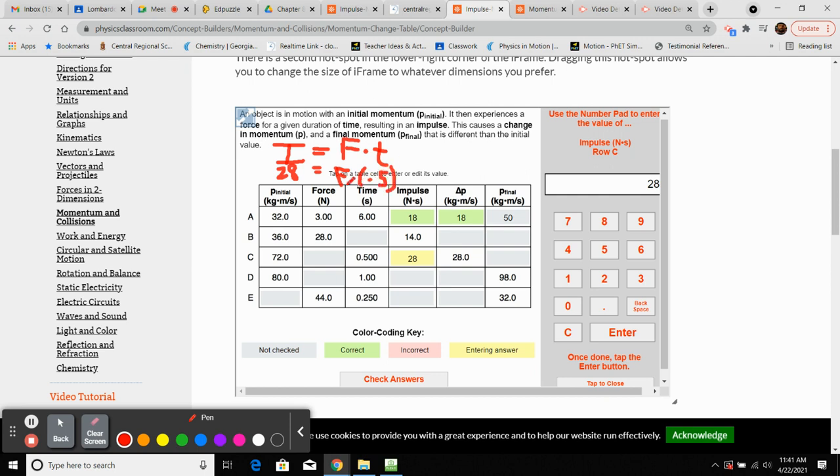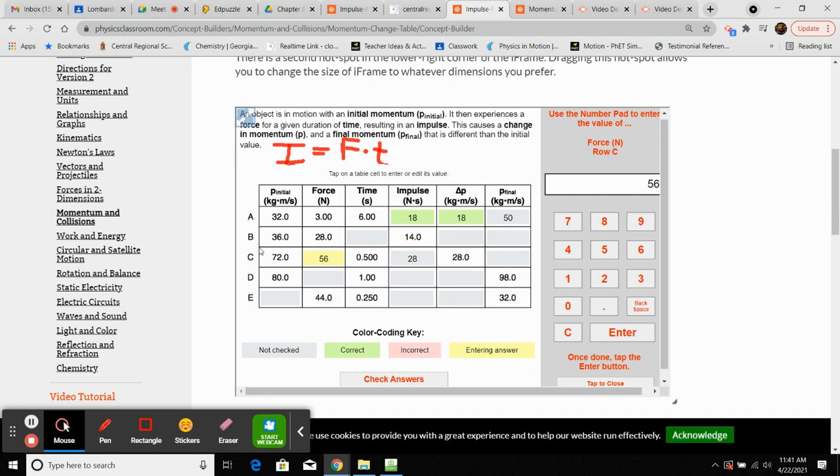How do I get F by itself? Divide both sides by 0.5, yeah? So then you would do 28 divided by 0.5, or 28 times 2. And what would that give you? Okay, good. So then this here would be 56.